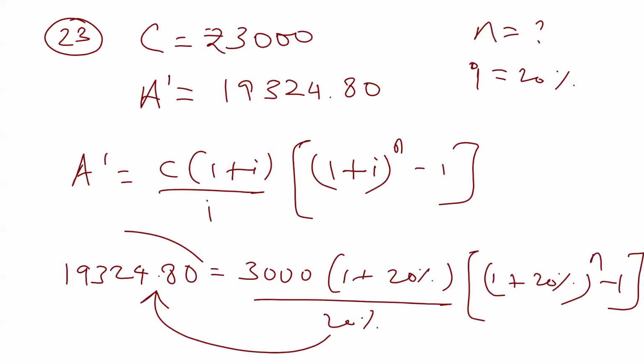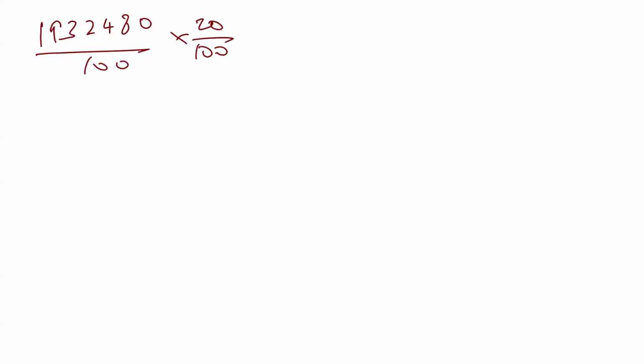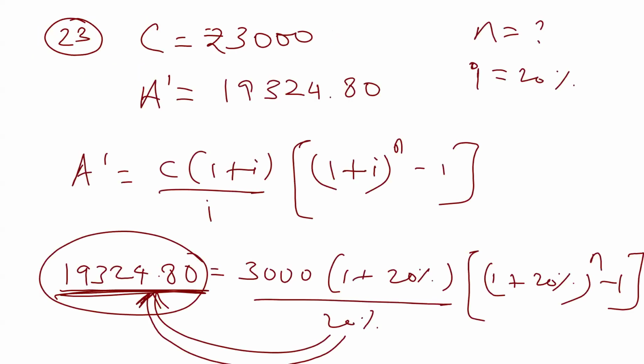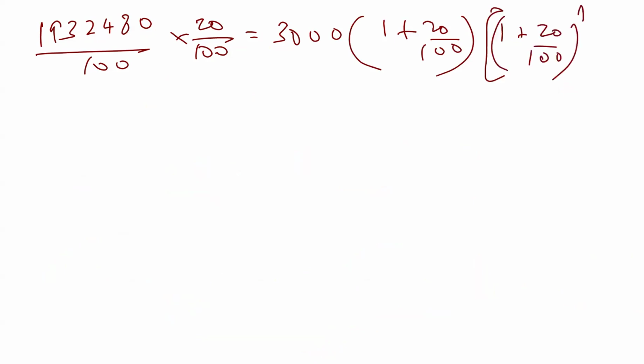Again, I tell you, I have written this as 1932480 upon 100 in the next step, and this 20% I have also multiplied on the left hand side and written as 20 upon 100. So that is equal to 3000 into 1 plus 20 upon 100, into 1 plus 20 upon 100 raised to N minus 1. So zeros are getting cancelled, right?